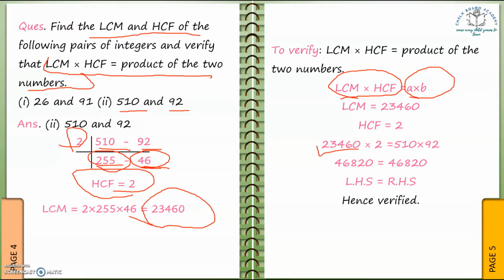LCM is 23,460 multiplied by HCF, that is 2, which gives the result 46,920. And when we multiply 510 by 92, again we get the same result. So yes, LHS is equal to RHS, hence verified.